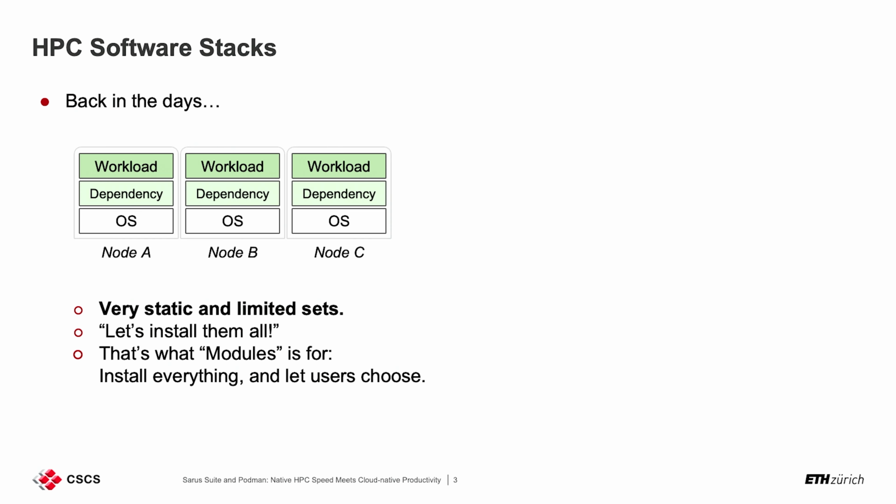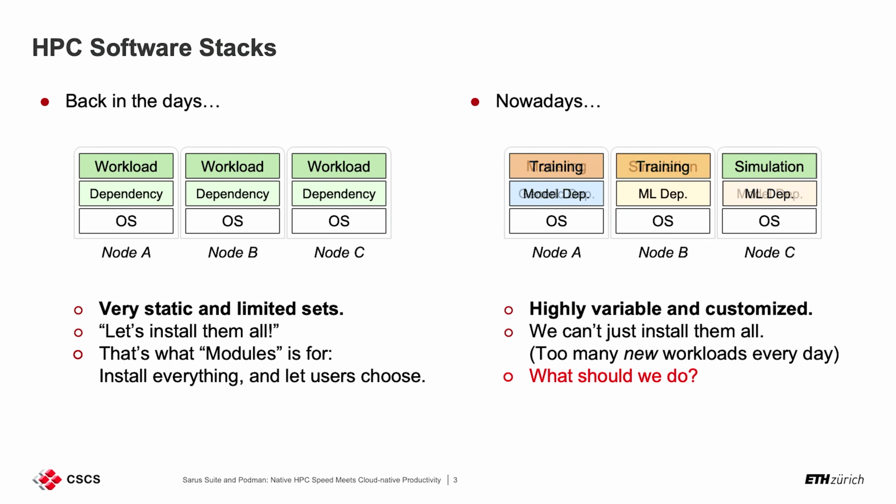But nowadays, compare the scenario to the traditional HPC. Mostly because of ML and AI, the kind of software stack that we need to support is changing very fast. So it's not a solution to install them all before somebody is using them.